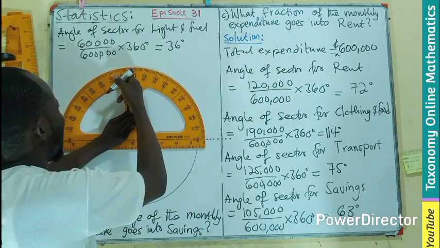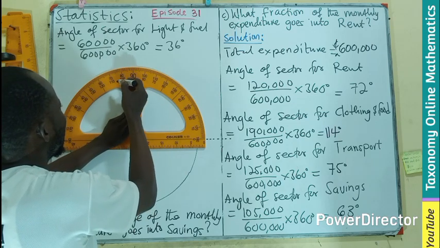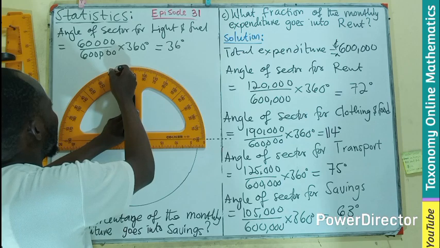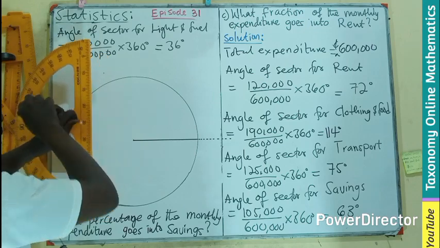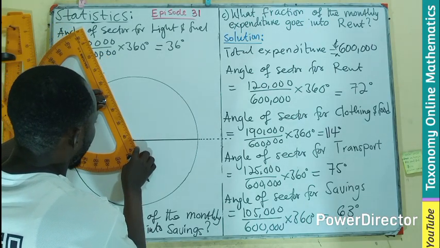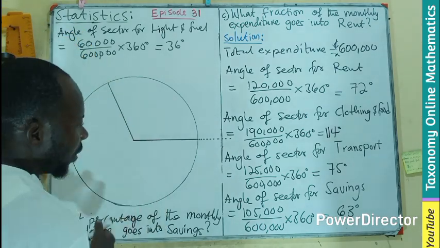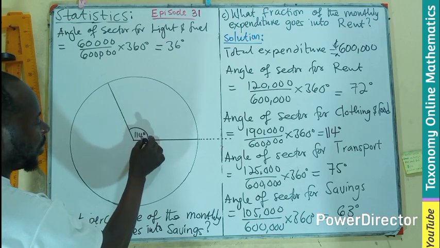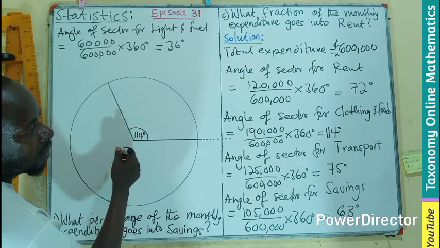I have 90 here, 100, 105, 110, 111, 112, 113, 114. So 114 should be here. Then I join that point with the center to form the sector I am looking for. So this sector drawn here is 114 degrees, which is representing the clothing and food.